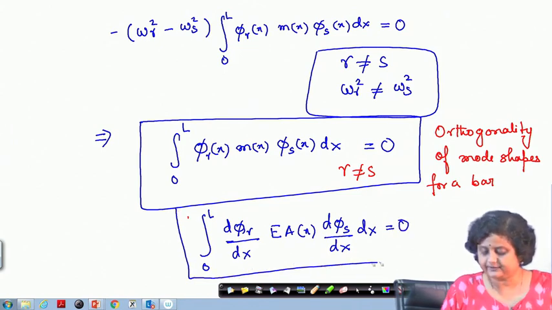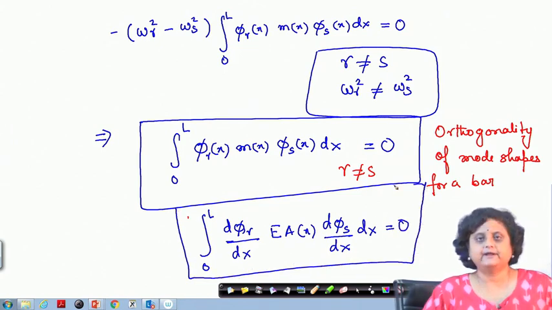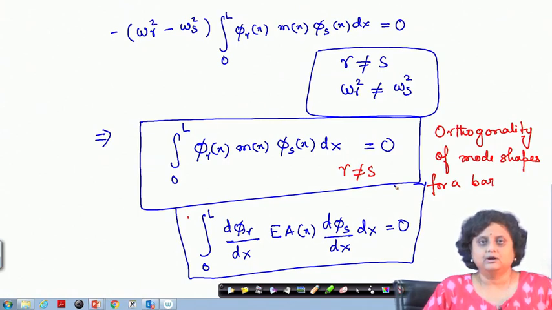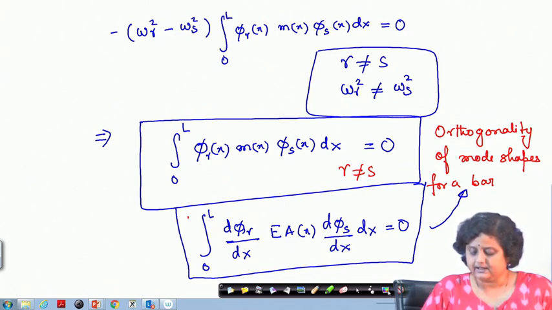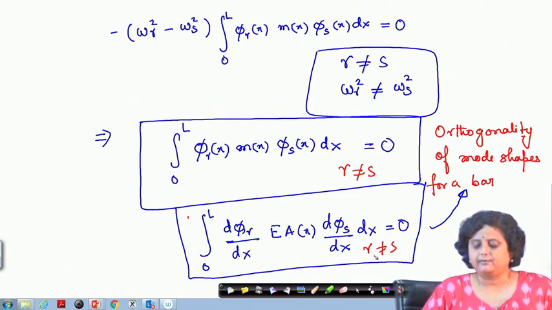This is the other expression that we get as a derivative of the whole proof that we have shown. So, this is also the orthogonality condition of mode shapes of a bar. This is an alternate expression of orthogonality of mode shapes of a bar under longitudinal motion.